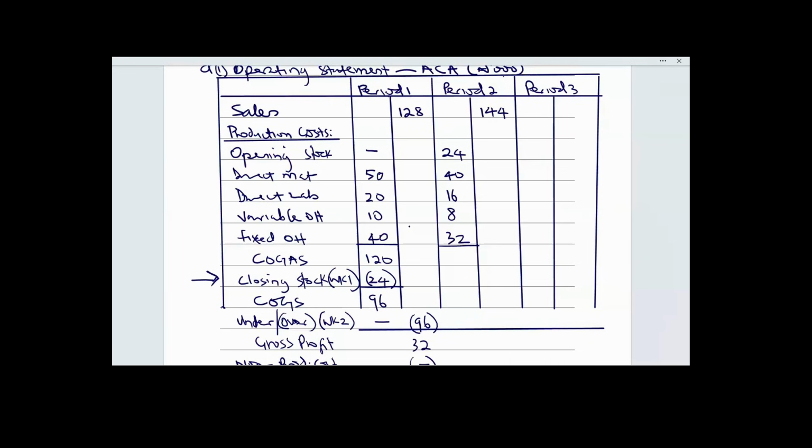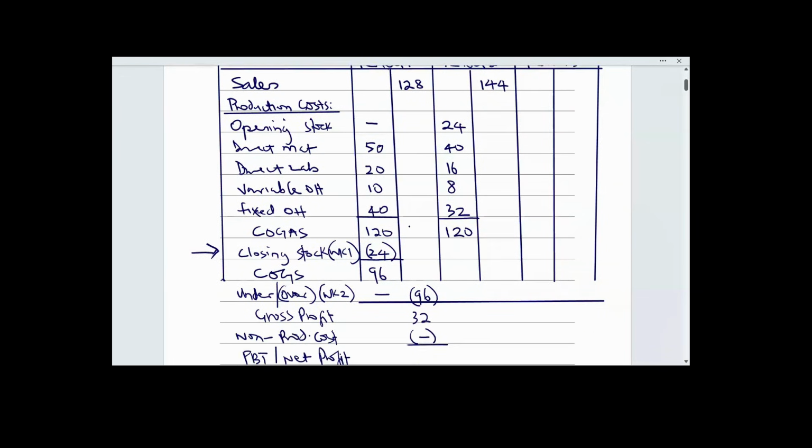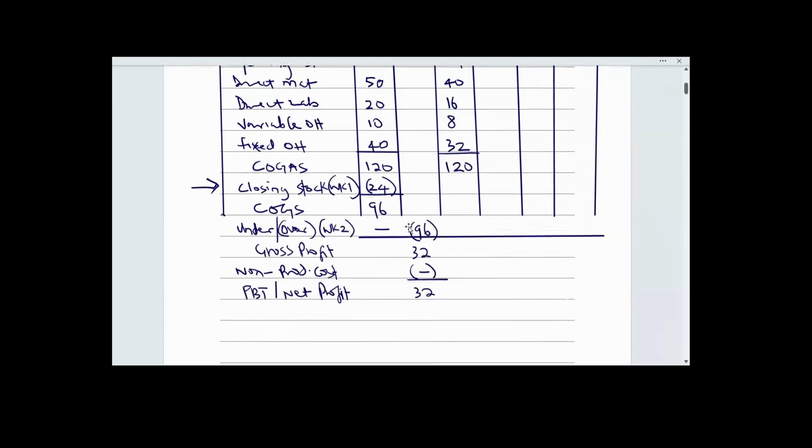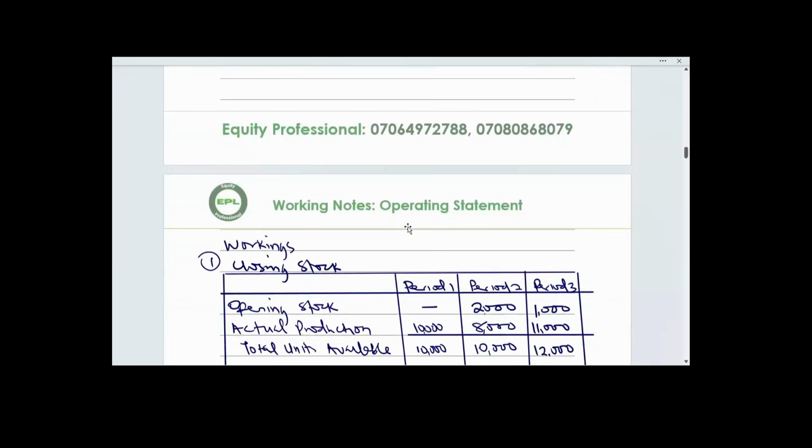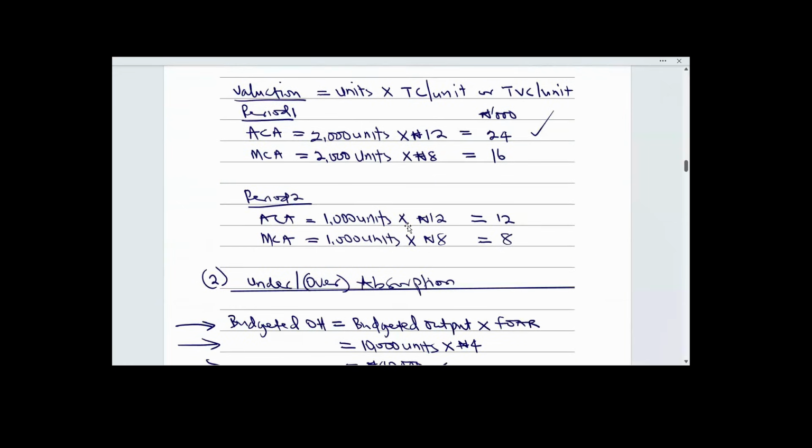Okay, so add everything together: 120,000. Then closing stock in the second period, we have calculated it. In the second period, our closing stock is 12,000 naira.